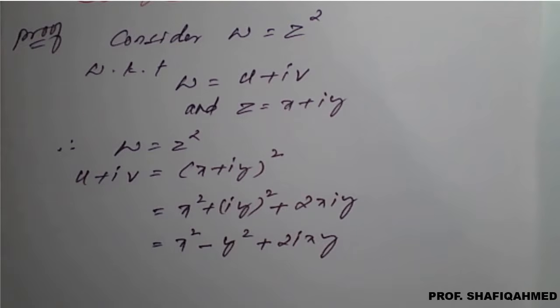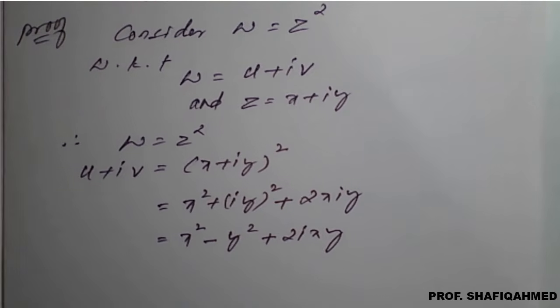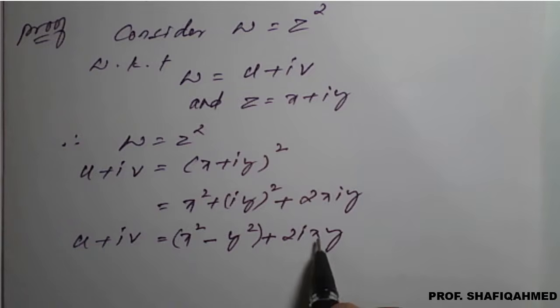Once we get this simplification, you can observe that x square minus y square I will take as a bracket, and I will say it is the real part. On the left hand side we have u plus iv, and on the right hand side i into 2xy is the imaginary part.